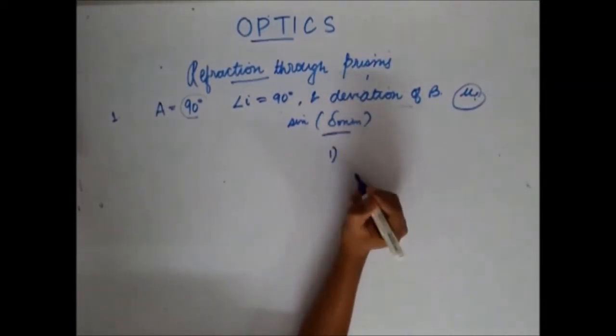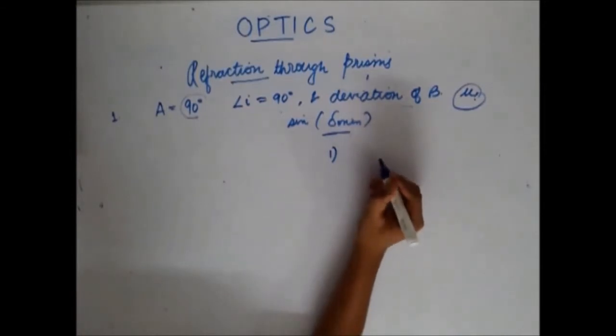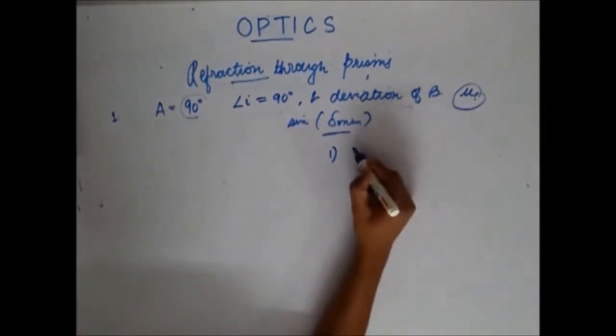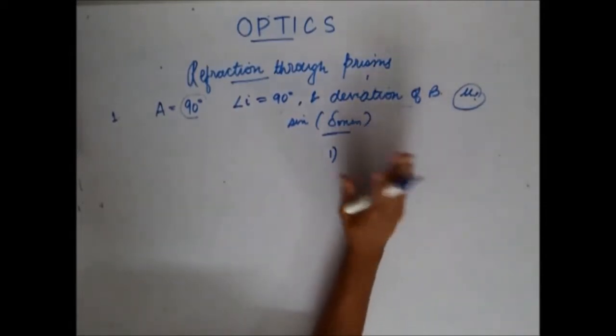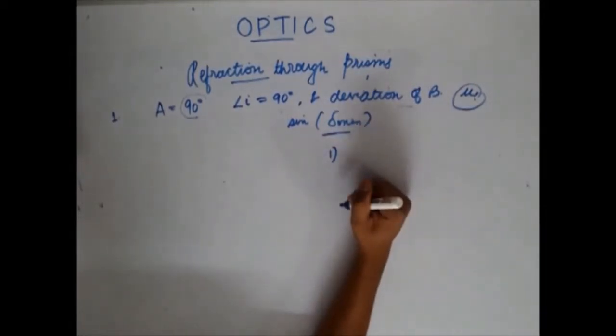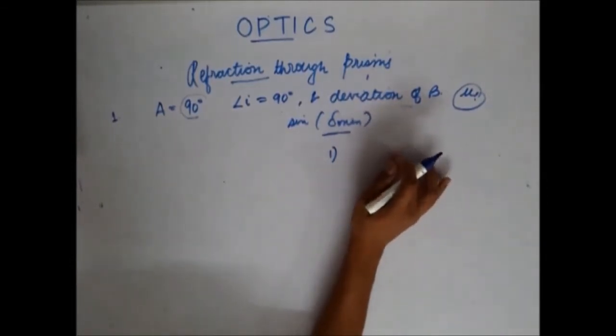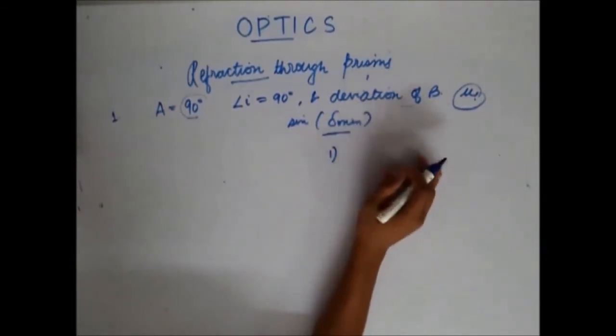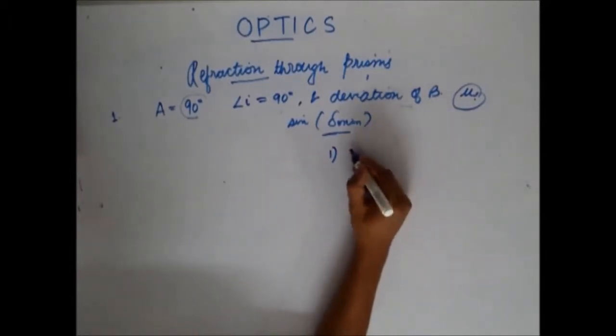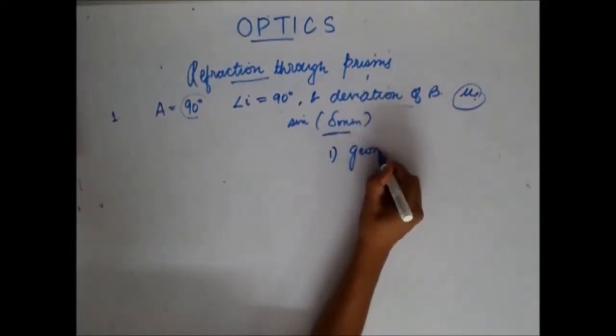The first thing is that you should be very conscious regarding geometry. That means you should be aware that if this angle is A, then this angle is 90 minus A. If this angle is A and this angle is B, then what should be the third angle, given the sum of the three angles is 180 degrees. So you should be very clear with the geometry.